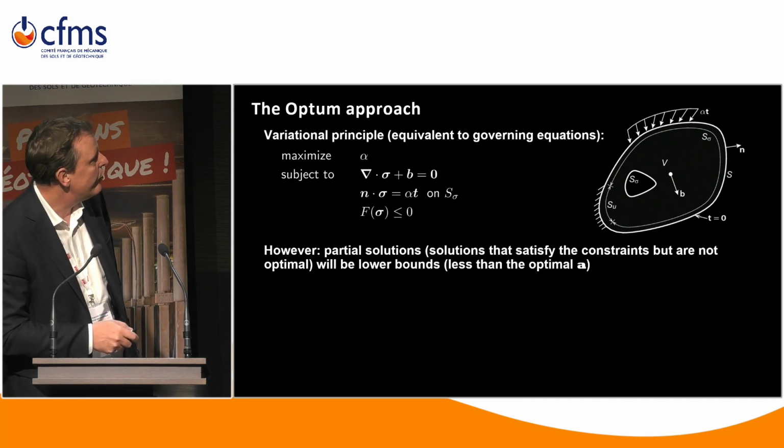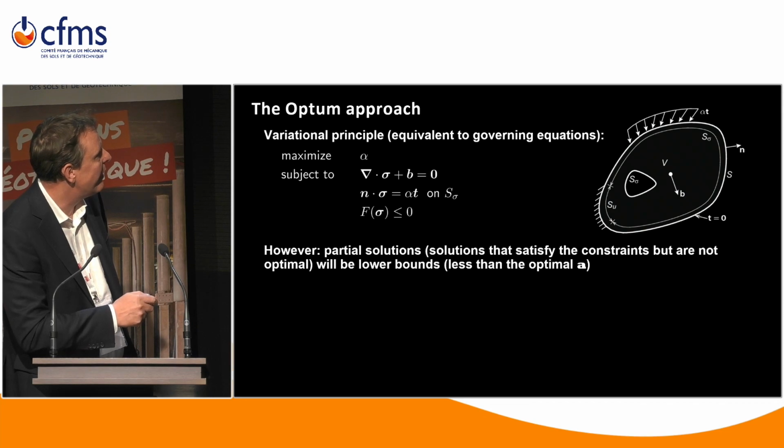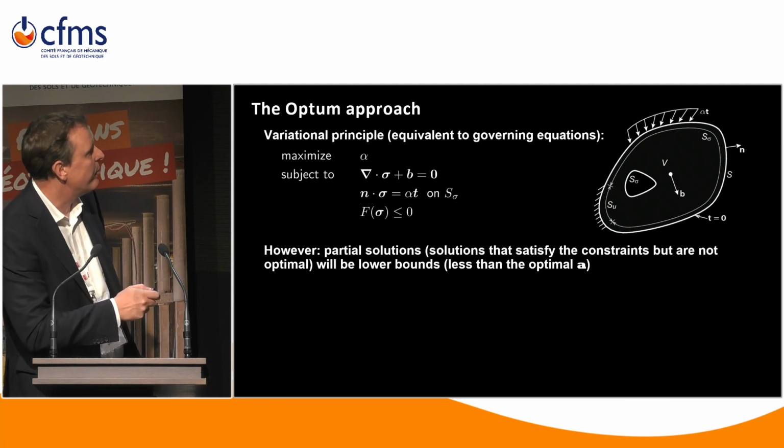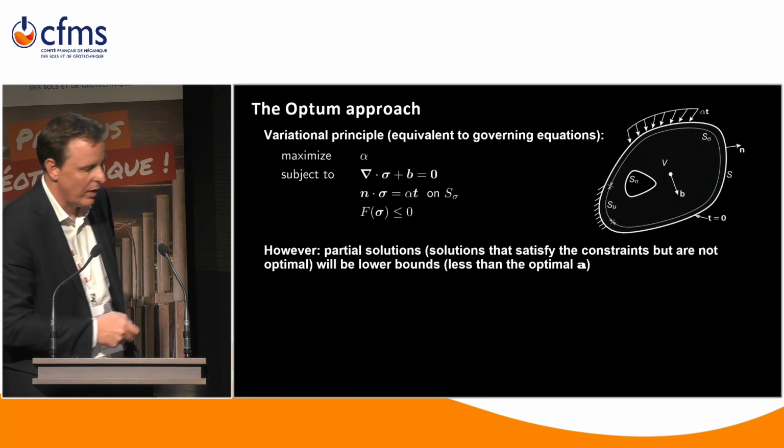But you can come up with useful solutions by constructing what we could call partial solutions. Those are solutions that satisfy the constraints but don't necessarily imply optimality. So a solution in terms of stress sigma and load multiplier alpha that satisfies all of these constraints but doesn't necessarily solve the optimization problem, so alpha is less than the optimal alpha.